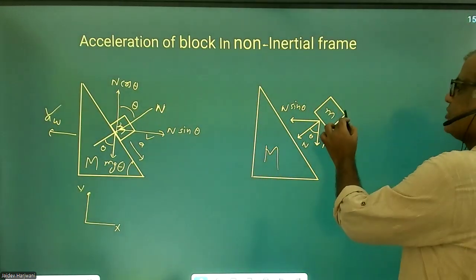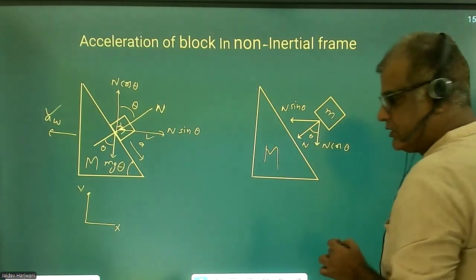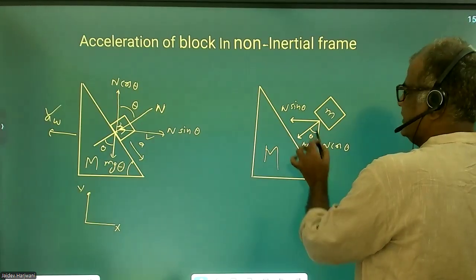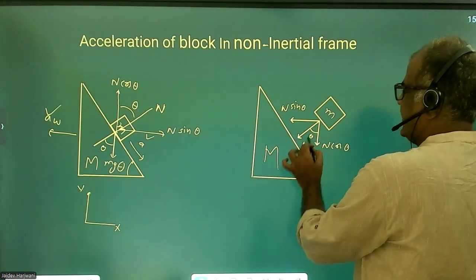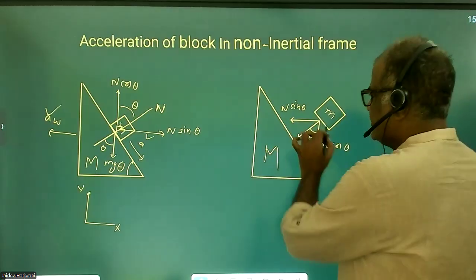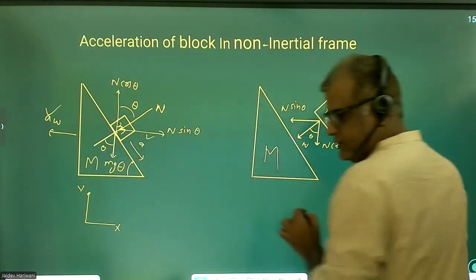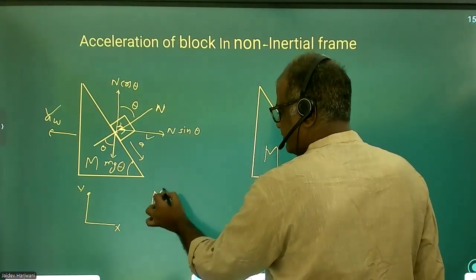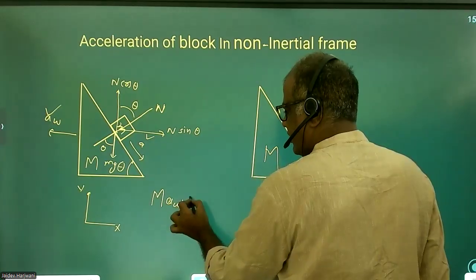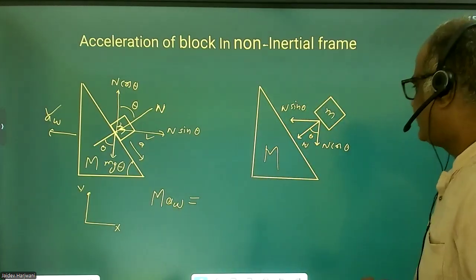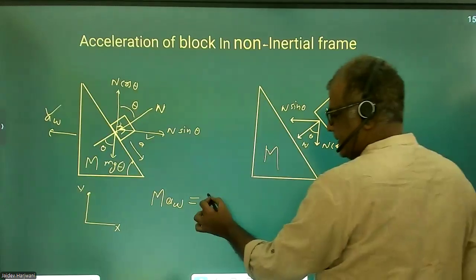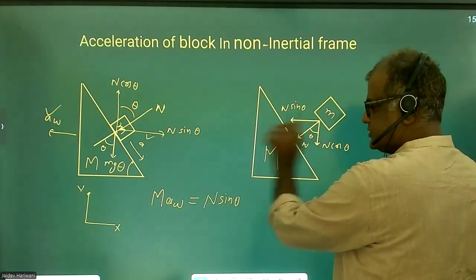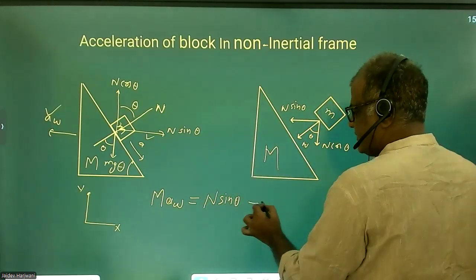Similarly, the block is also applying a reaction force equal to N. Now we can find the component of this N, which is N sine theta, in the direction of the movement of the wedge. So the force on the wedge is M a_w, which should be equal to N sine theta. So this is applying force and the wedge is moving. I say this is my equation number 1.